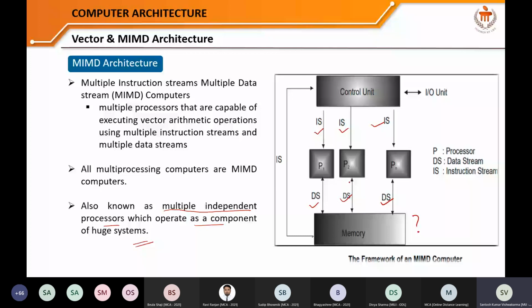Once it is executed in the ALU, it will be given as output, in terms of your printer or your monitor, that is the output part. So do remember that, very important and very integral part.